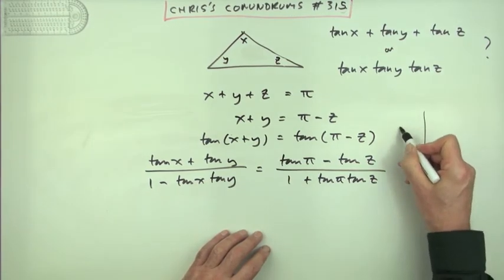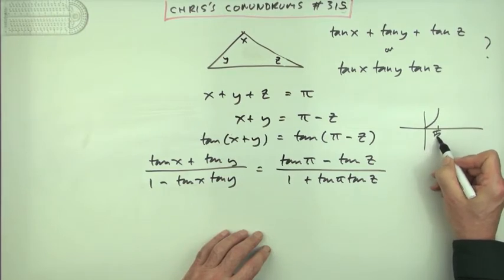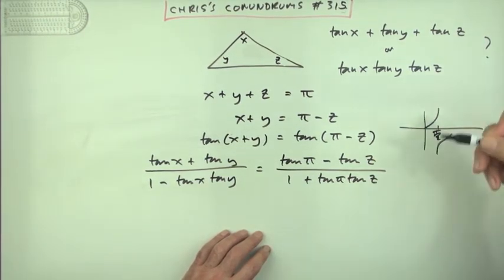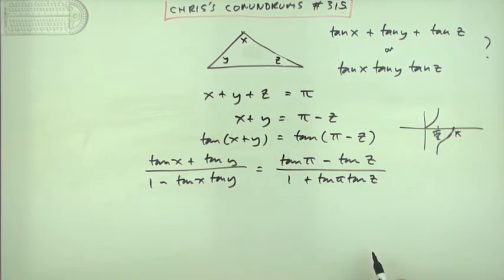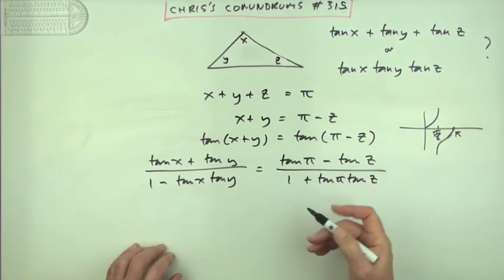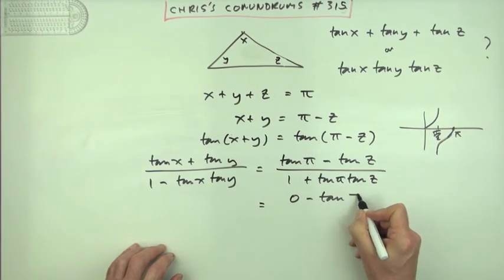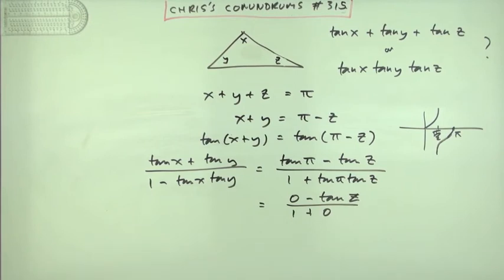Well, what's the graph look like again? The tangent graph shoots off at pi upon 2, returns from below like a thread round a bobbin and comes back to rest at pi, so it's equal to 0. So this part here equals 0 minus tan z over 1 plus 0 times anything, 0. So this side then is just equal to negative tan z.